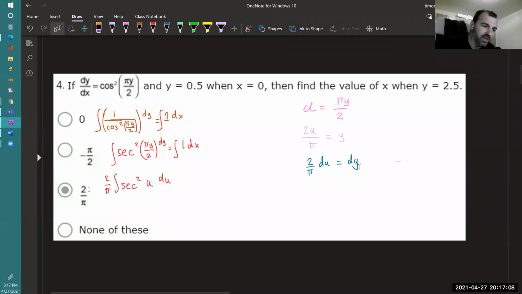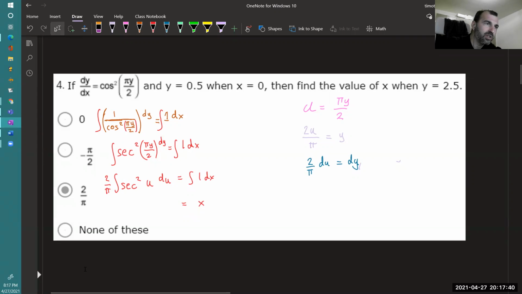So the 2 over pi goes in there and the du goes in here because the dy gets replaced by the du with that out there. And now the integral of secant squared is tangent, right? Now I'll do each of these integrals. So this is just going to be x. There's x.